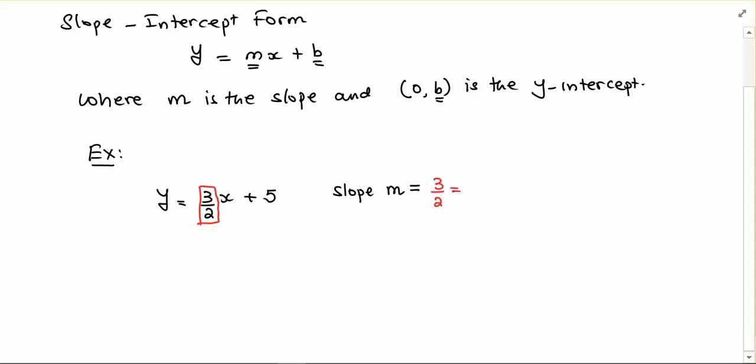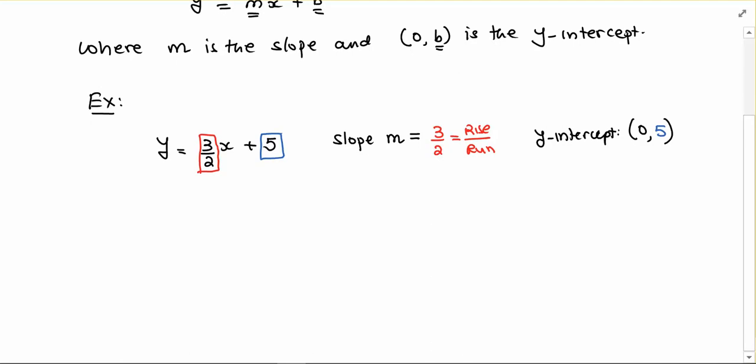So we know this is the rise over the run, that's the slope. And the y-intercept is (0, 5). Simple as that.